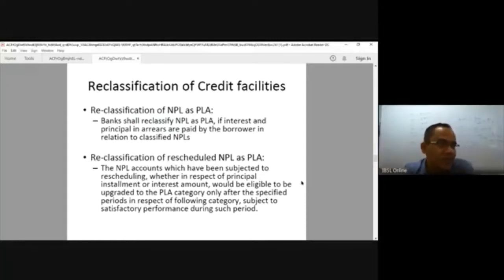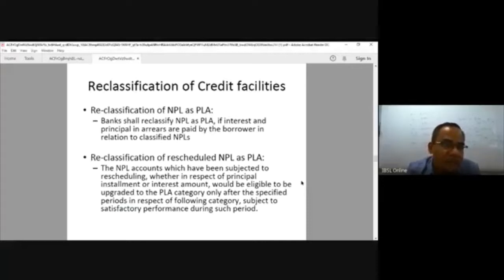Some loans were given a moratorium period where the period was not extended, but the capital quantum was increased for the balance period. So there are many ways it was done. For some loans, the customer doesn't have to pay capital and interest.